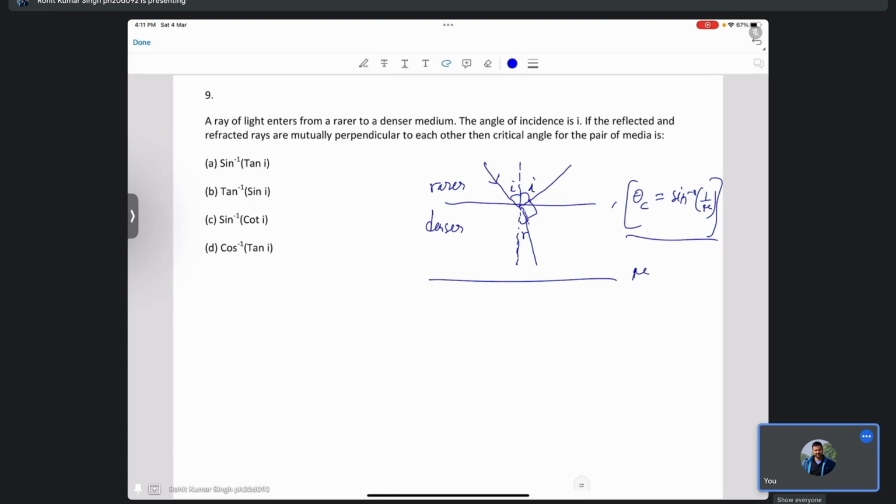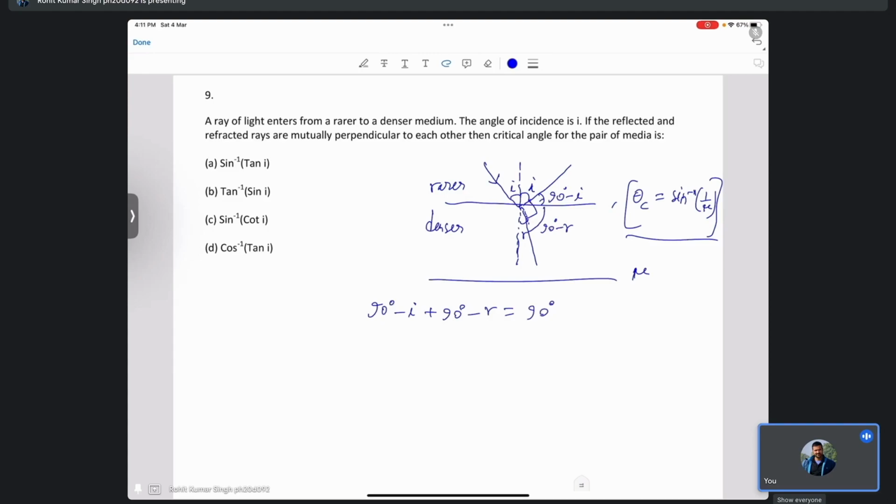Okay, so let me write more things here. This angle will be 90 degree minus I, and this angle will be 90 degree minus R, right? From the figure you can see that 90 degree minus I plus 90 degree minus R is equal to 90 degree, correct?